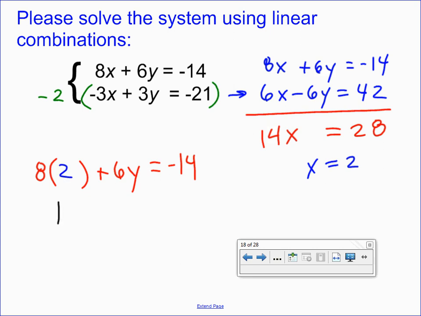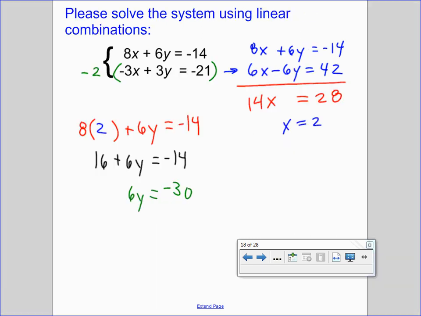And I'll get 16 plus 6y equals negative 14. Then I'll subtract 16 from both sides and get 6y equals negative 30. Is that right? Negative 30? So then I'll divide both sides by 6. I'm getting y equals negative 5.